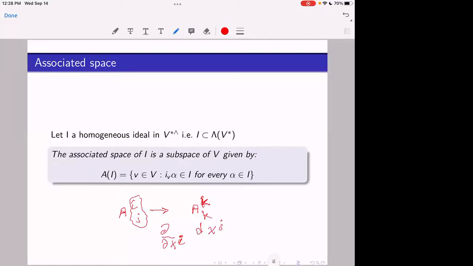Because if the dimension of the space is n, then we can split the space into one part a vector and one part covector. And those are related through the associated space of one idea.